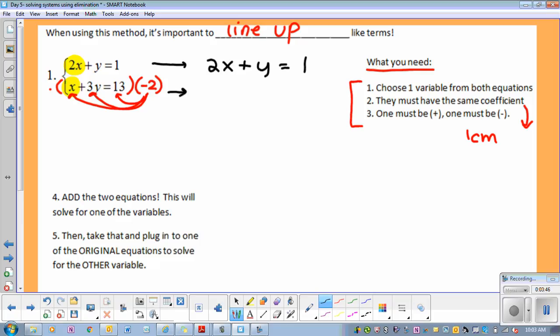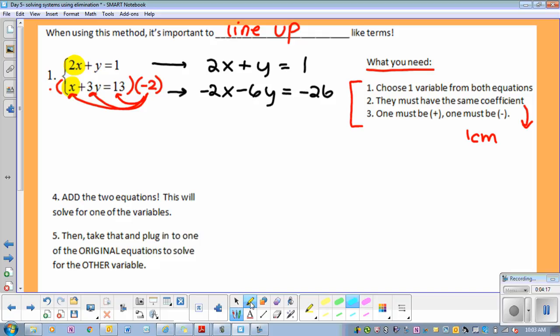However, the second one, what is negative 2 times x? Negative 4. Good. What's negative 2 times 3y? Negative 6. Negative 6y equals, what's negative 2 times 13? Negative 26. All right?